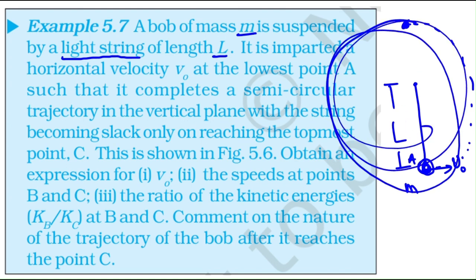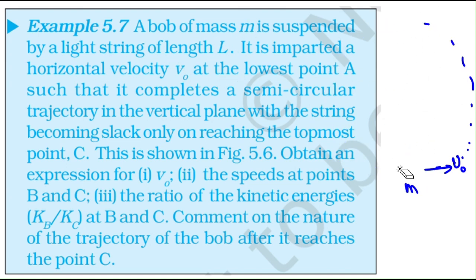Okay, let's move to the next slide with a better diagram and then we are going to continue. So what is happening here? This bob has mass m and a velocity v naught has been imparted. And when it reaches the topmost point, which is C, the string becomes slack, so there is no tension.